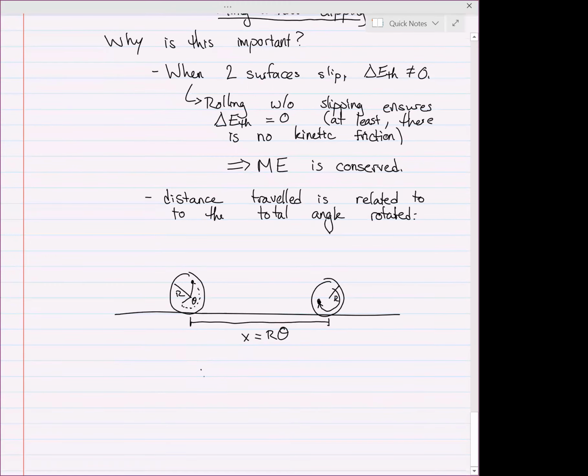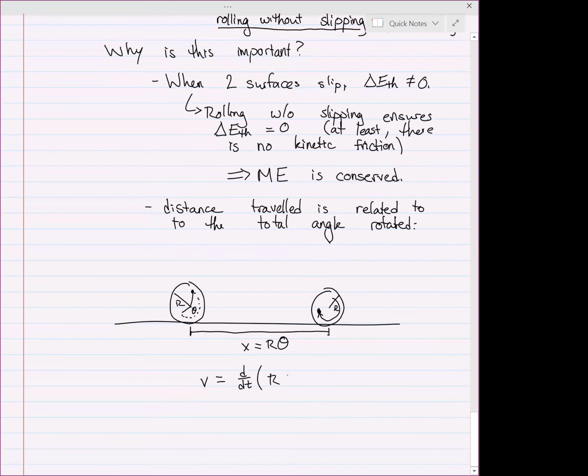Which implies that the translational speed that the object moves at, which is dx/dt, goes back to the things we talked about before, is d/dt of r theta, which is just r omega. So the point is when an object rolls without slipping, the angular speed of the object is related to the speed at which the object rolls, and that's super useful.